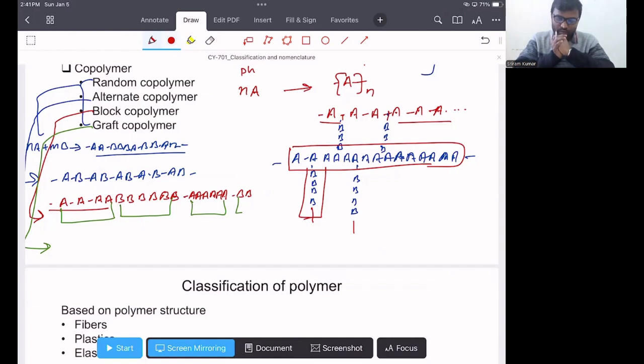Okay, so we understand the classification of the polymers based on structure. We have to understand the homopolymer and the copolymer, and the copolymer has four different kinds: random copolymers, alternate copolymers, block polymers, and graft copolymers.